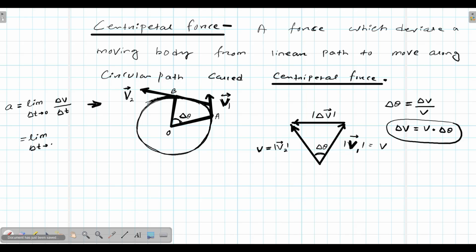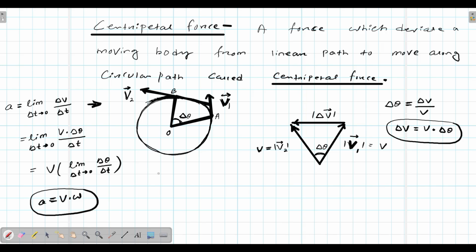V into delta theta divided by delta T. So this is V, limit delta T tends to 0 of delta theta by delta T. A equals V into omega.